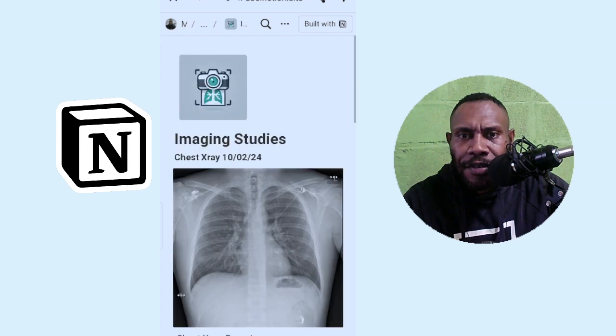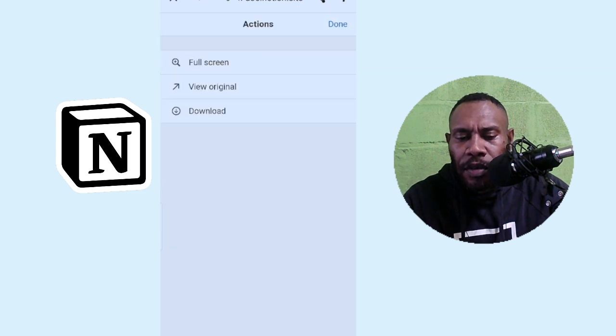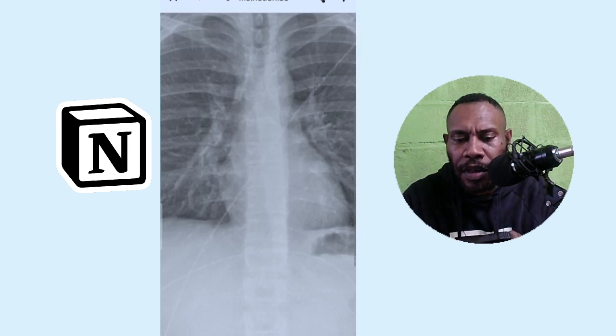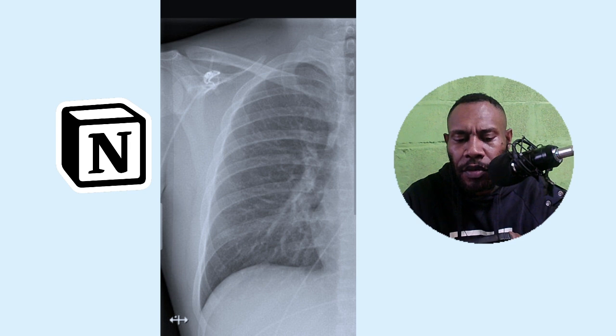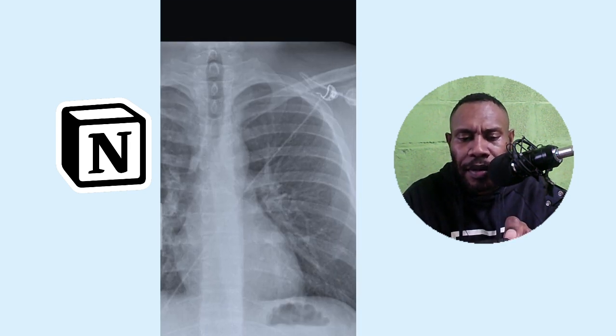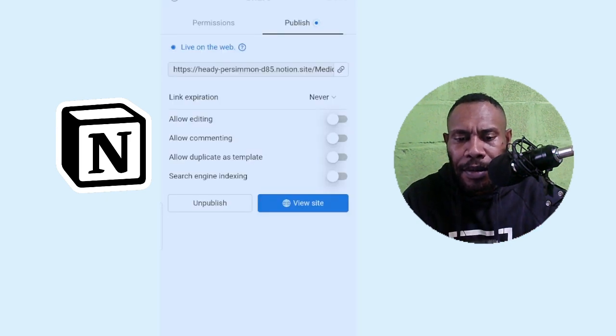So where this x-ray is showing, something that's useful here is that by clicking on the three dots in the top right corner of the image, you can go full screen, you can view original, or you can download the image. So viewing the original allows you to zoom in using the phone, so you can have a closer look if you need to scrutinize the x-ray better. And that's that.